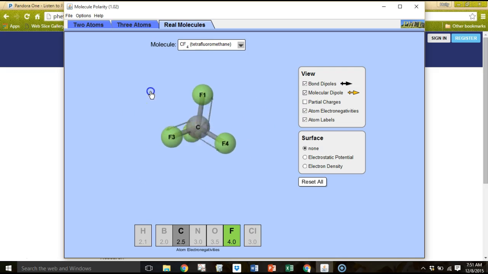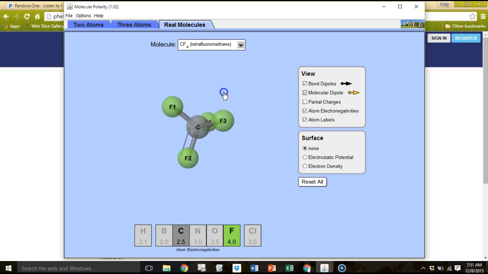This is symmetrical all the way around, and this molecule is nonpolar overall. So again, we don't see the yellow molecular dipole coming up. So tetrahedral with no non-bonding pairs of electrons on the central atom is a nonpolar shape due to its symmetry. Now let's watch what happens though.